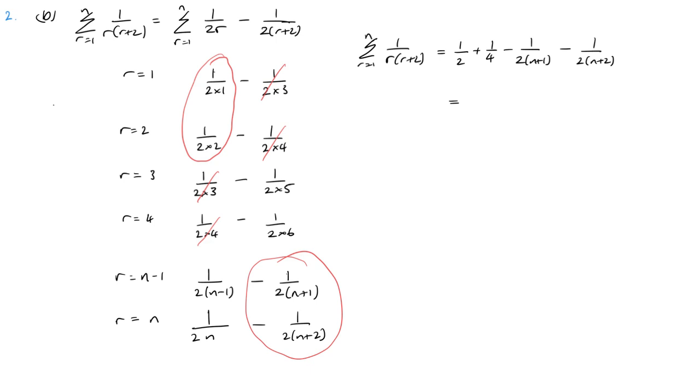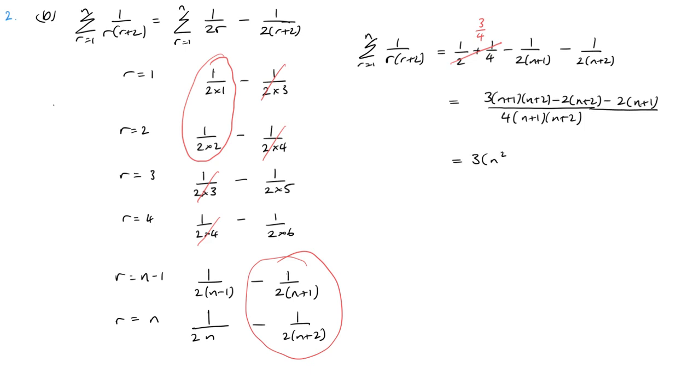Now looking at this, let's make this 3/4 because that'll make it a little bit easier. So we're going to have 4 n plus 1, n plus 2 as my common denominator here. So that's going to be 3 times n plus 1, n plus 2 minus 2 times n plus 2 minus 2 times n plus 1.